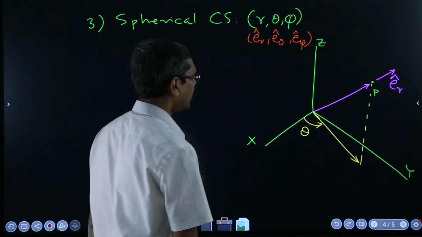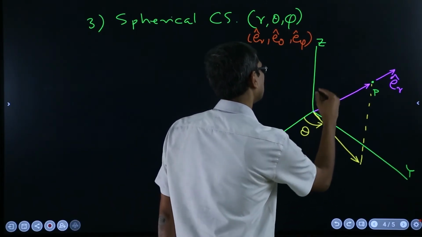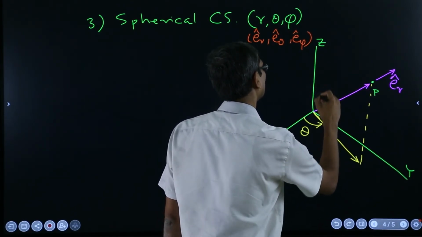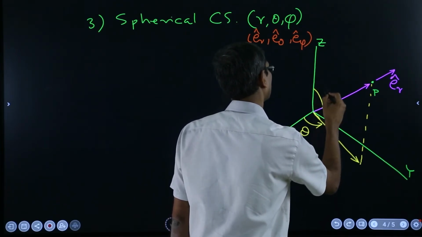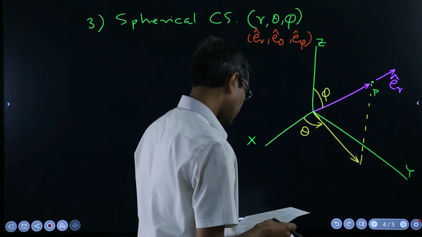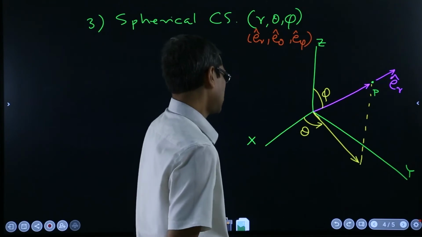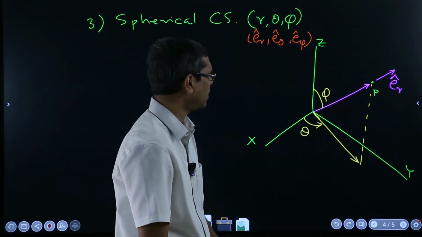Now the angle which this arrow makes with this is, say, phi. That's how you can define it. Either this or this angle can be taken.